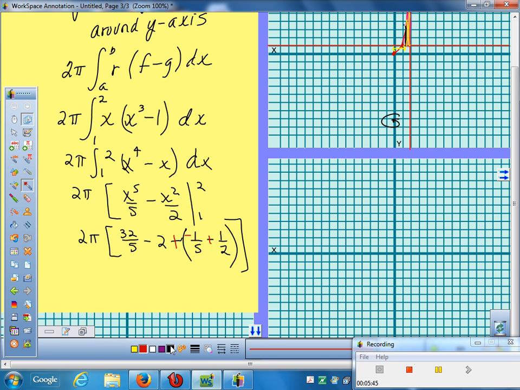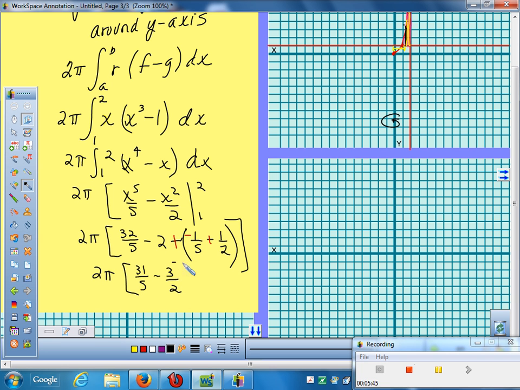And then since I'm doing it by hand and I don't even have a calculator to help me, I would do 32/5 minus 1/5 is 31/5. And I would combine negative 2 plus a half, would be a negative 3/2.